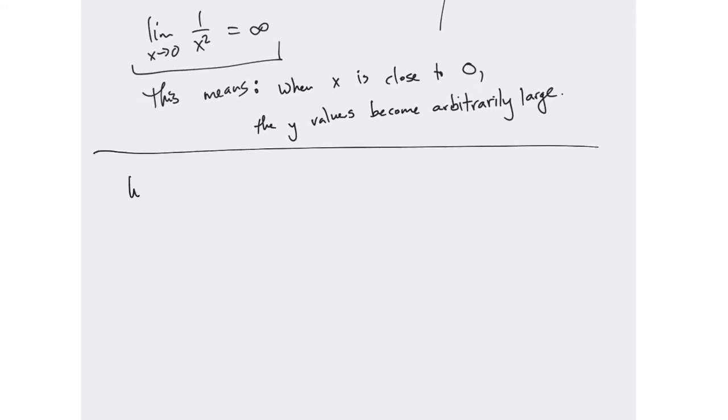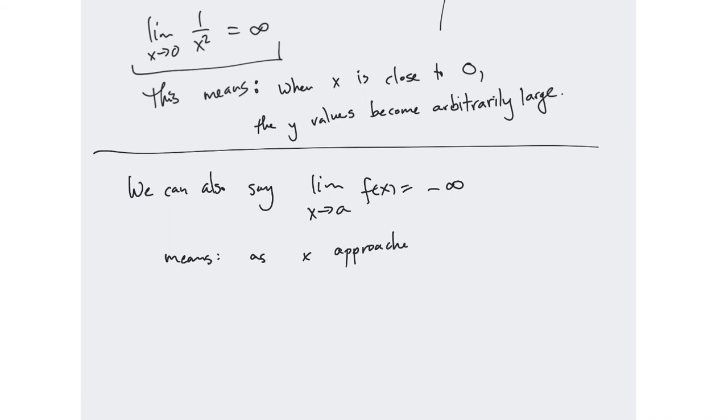So we can also say, I think everybody knows what this means, just so that we have it on paper: the limit as x approaches some point a of some function is negative infinity. And what that means is the same stuff, right? As x approaches a, the y values become arbitrarily large negative.